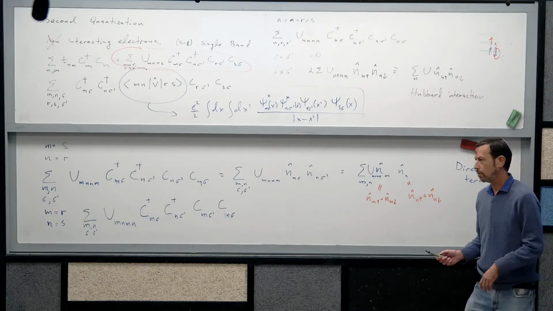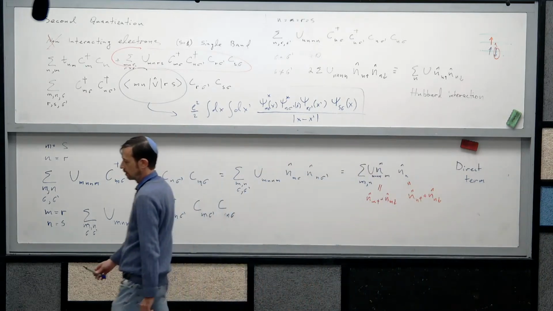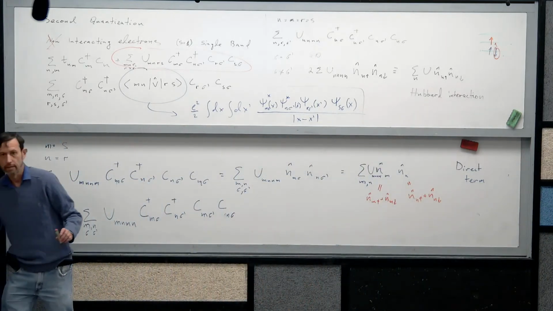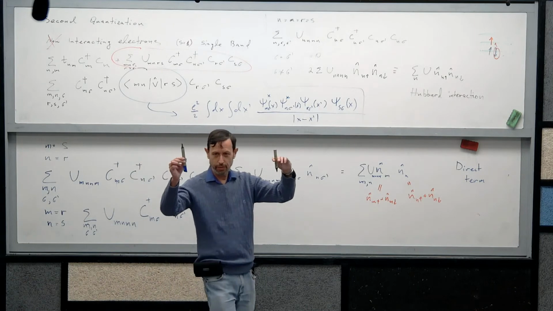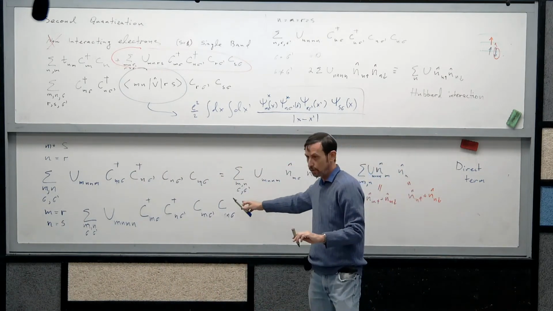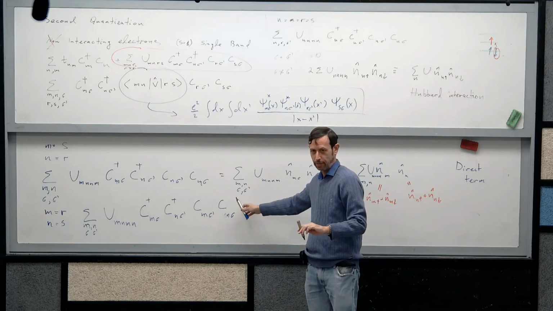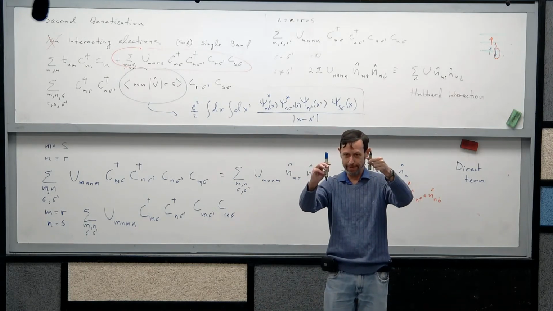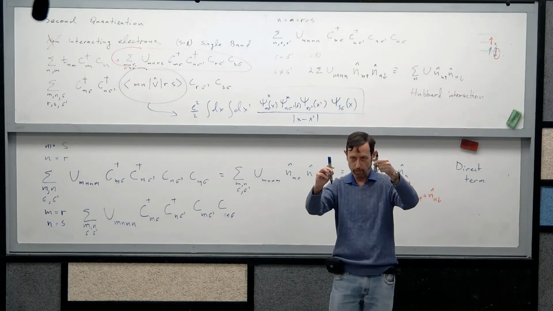Very pictorially, what happened here? If I started with 2 spins on M and N like this, after operating with this operator, I end up with the other way around.